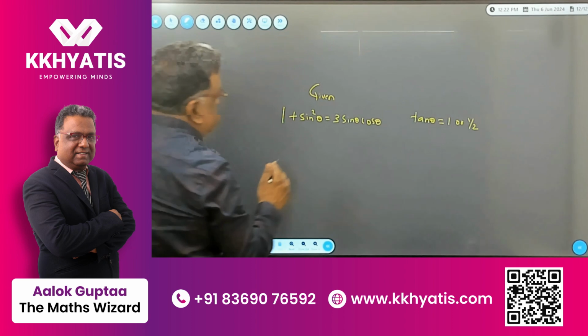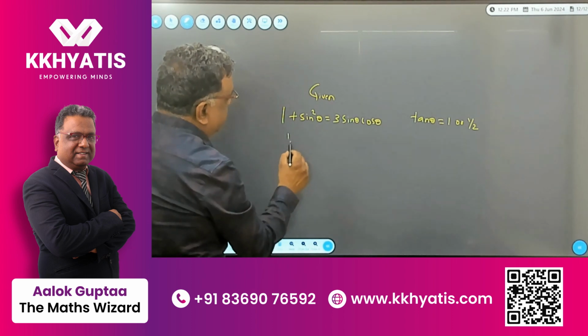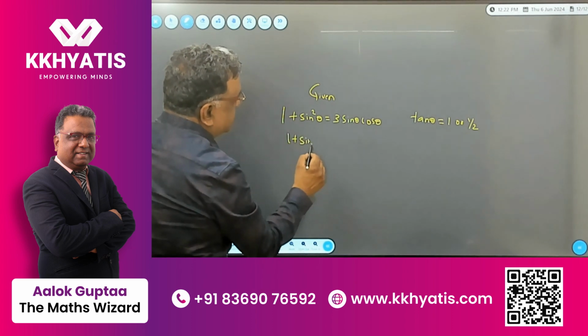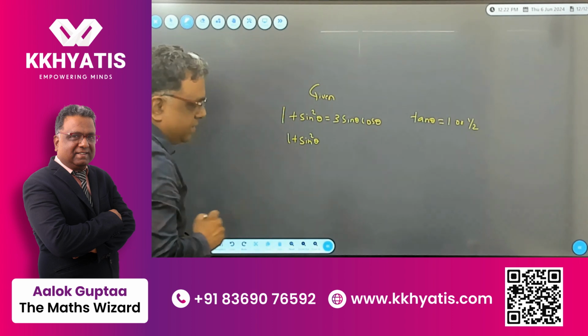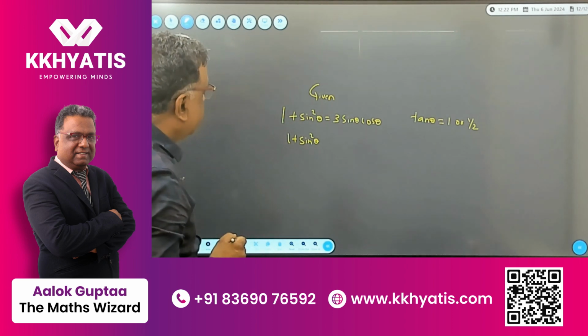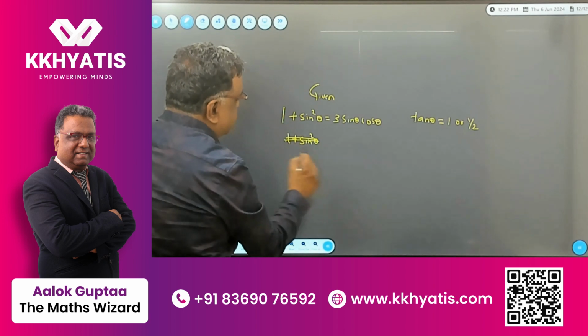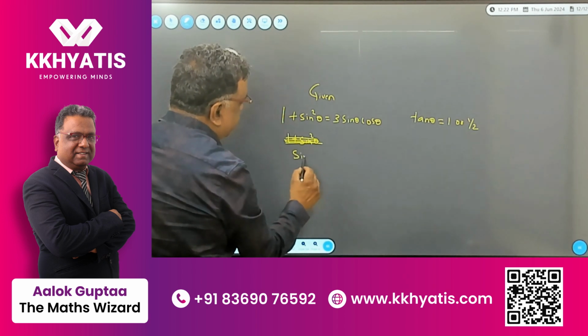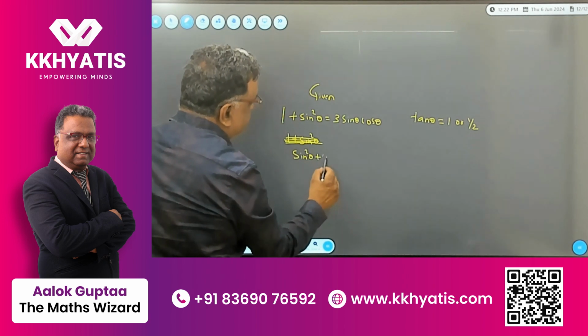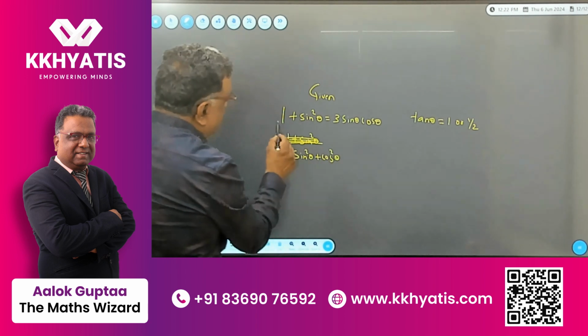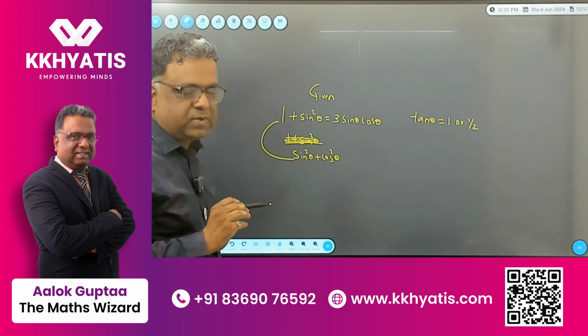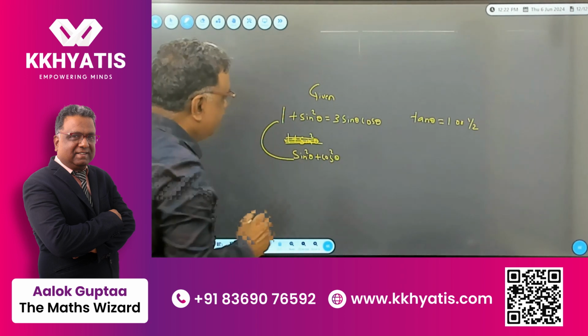So if I have an expression here 1 plus sine square theta, can I write this 1 as sine square theta plus cos square theta? This 1 can be written as sine square theta plus cos square theta because it is always 1.